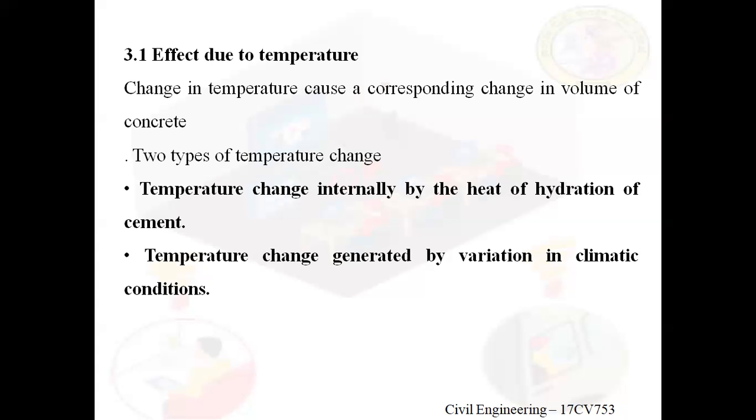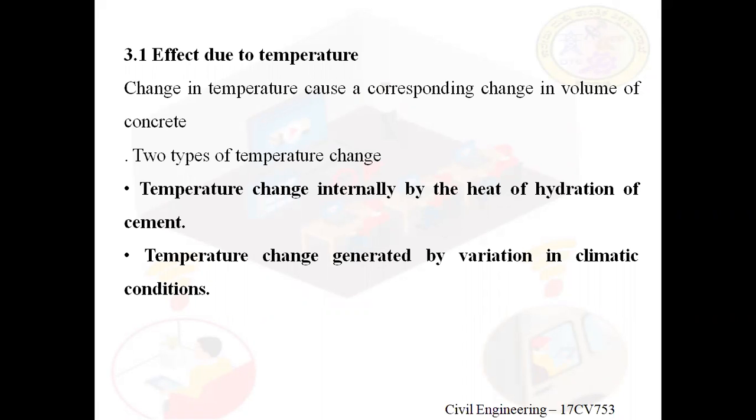If temperature variation is there in the structural elements, the freezing and thawing effect will be there. We discussed that in the first module. Now here also we can continue the same thing.